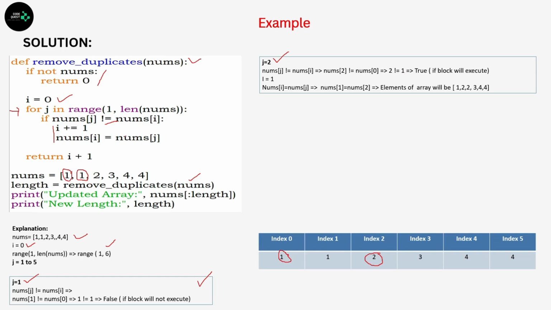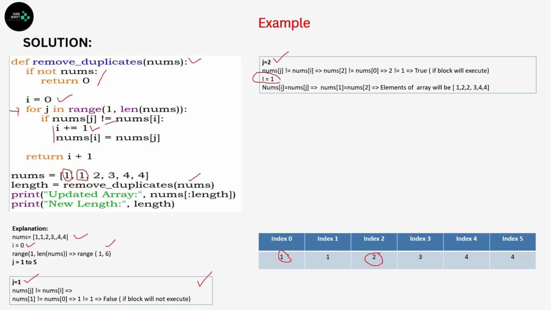Because it is true, hence these two statements, which are part of your if block, will execute. What we have done here, we have incremented the present value of I by 1. So I, which was originally 0, now has been updated to 1. Now then what we are doing, we are trying to update this nums of I. So what is the I value now? 1.